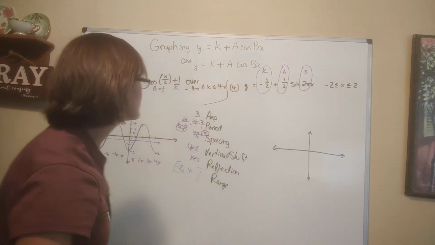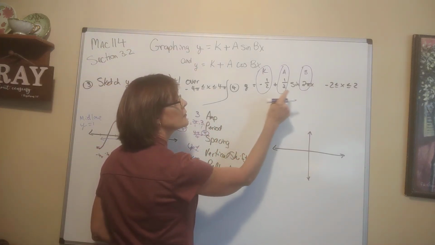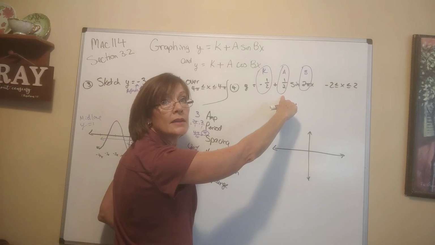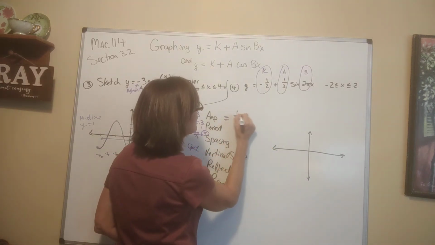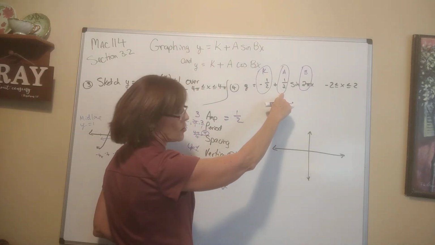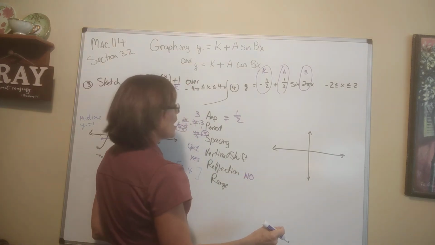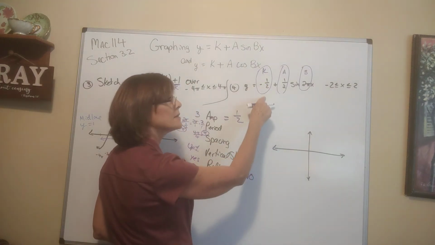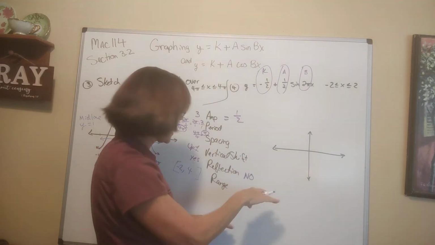All right, so let's go through and label these. The amplitude is equal to the absolute value of a. So 1/2 is 1/2 from 0. So the amplitude is 1/2. Is a negative? No. So that means there is no reflection. But k is negative, so that means it's a vertical shift down 1/2.